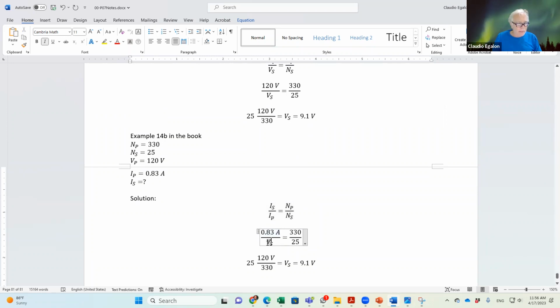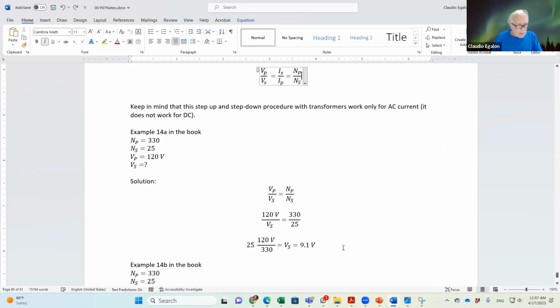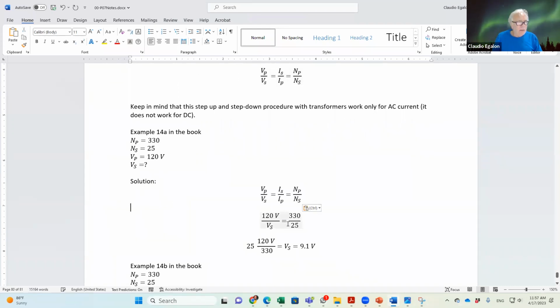Okay, and here it's going to be I secondary, I primary. No, this is all the way around. Here you go. I'm going to do this one here. Okay, better now.